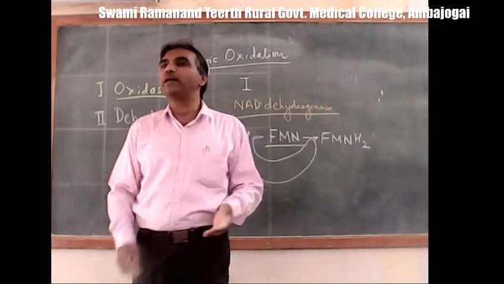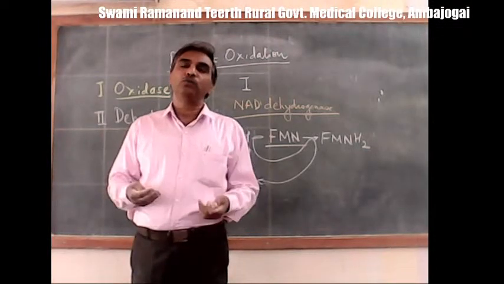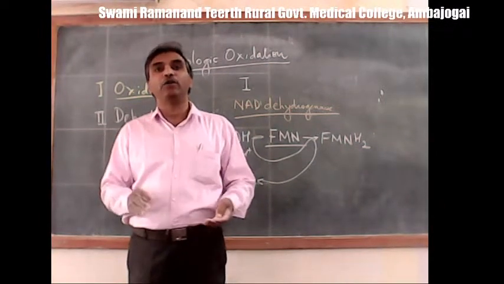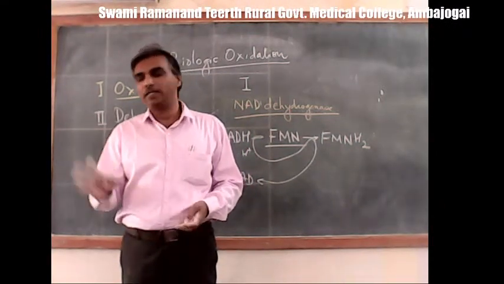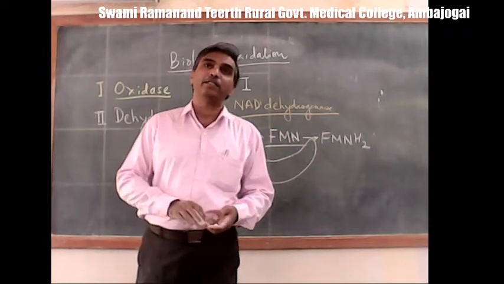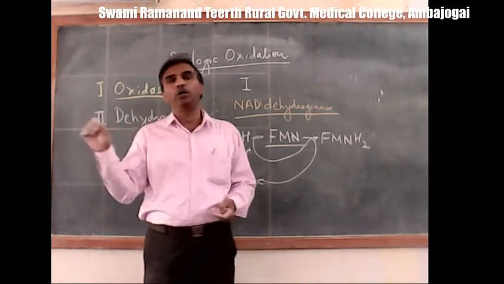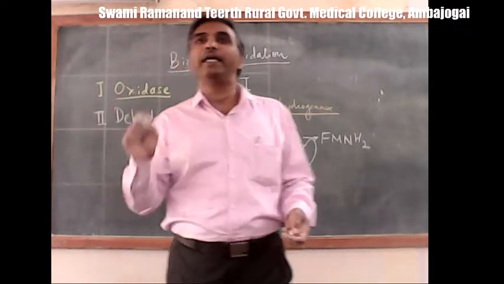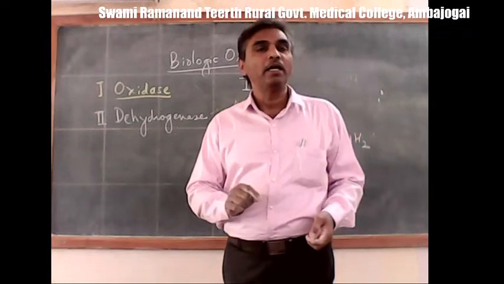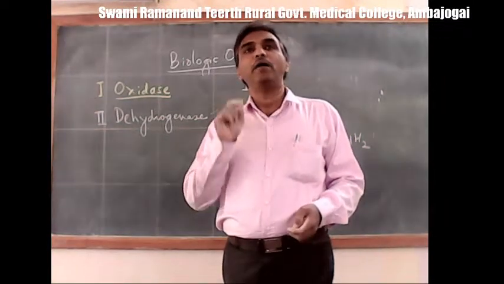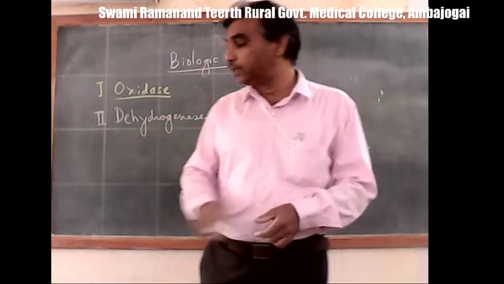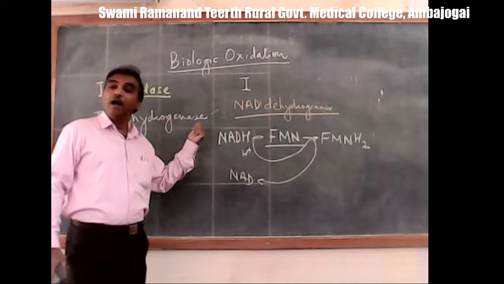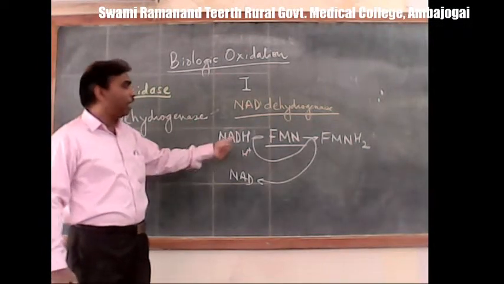It is rather difficult all the time to say reduced nicotinamide adenine dinucleotide, so in practice we call it NADH. But don't say NADH2, it is not correct. It is always NADH, and it is always FADH2 or FMNH2. Got it? So this is another enzyme that is FMN dependent.